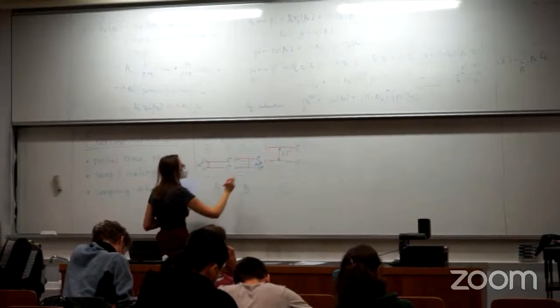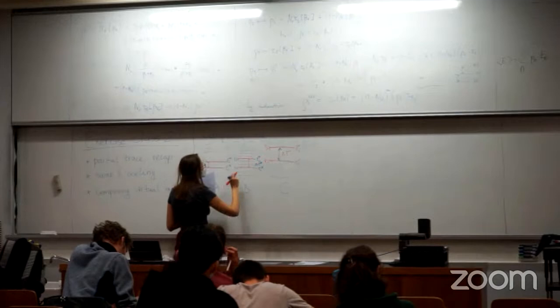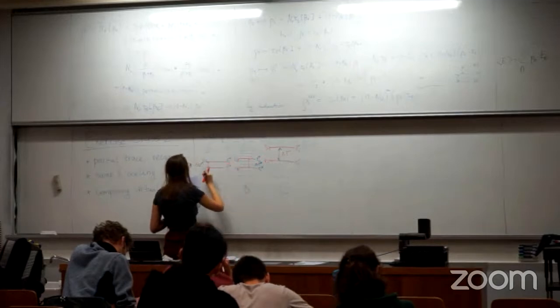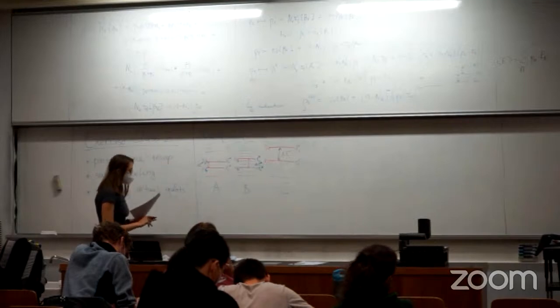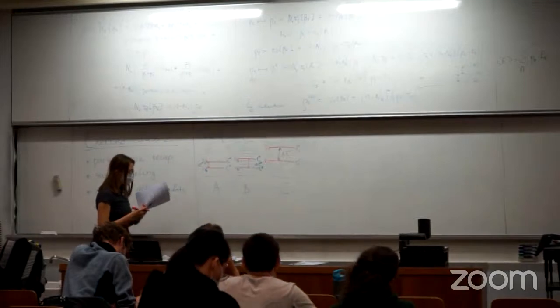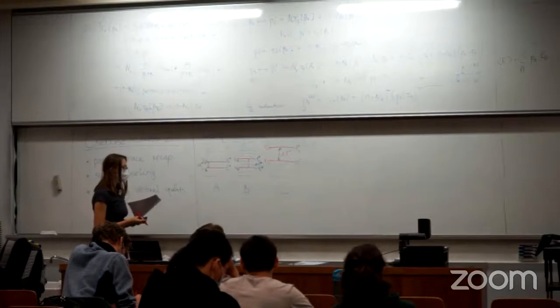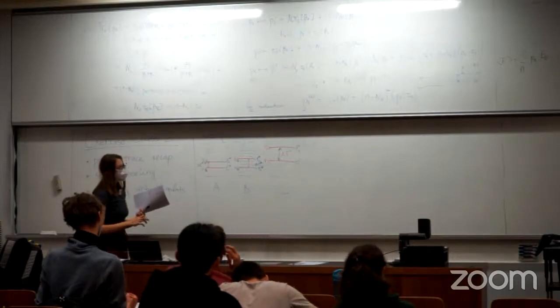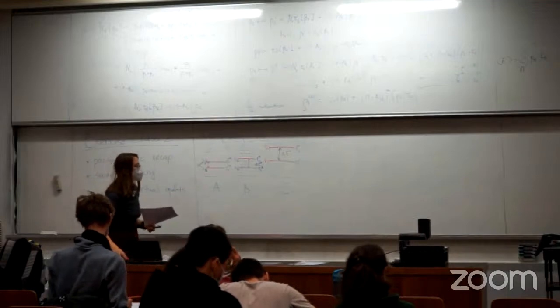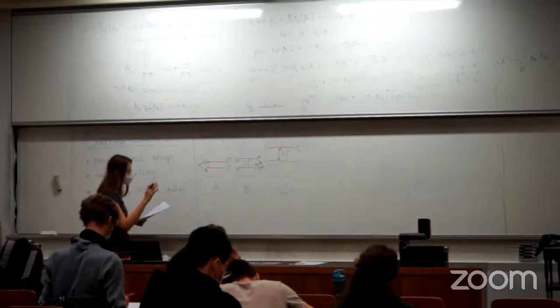So this is on system C. This is system B. This is system A. And I have these three virtual qubits. And now I want to know how to combine them and which new virtual qubits I can construct by combining these three.